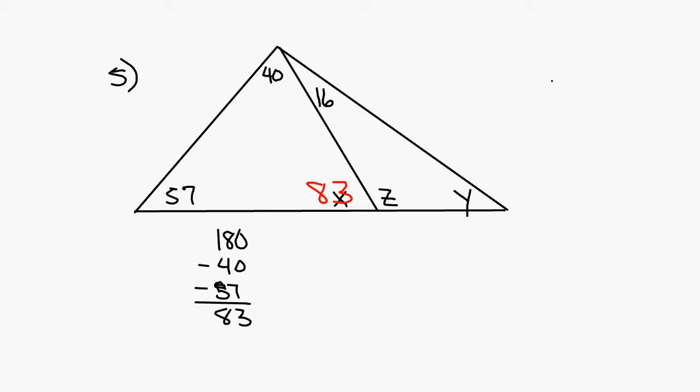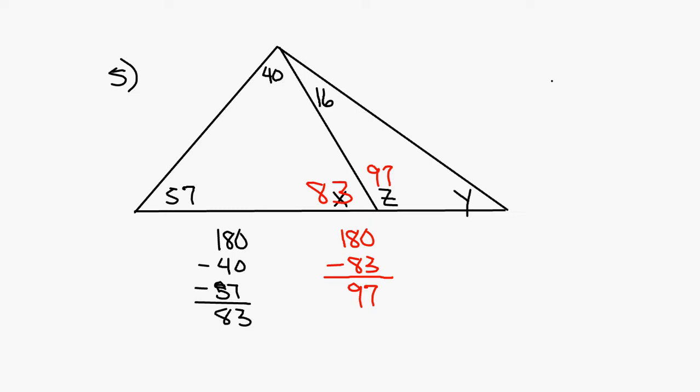Now, x, or this 83 plus z has to equal 180, doesn't it? Alright, so 180 minus 83. That's how much? 97? Alright, so z is 97.